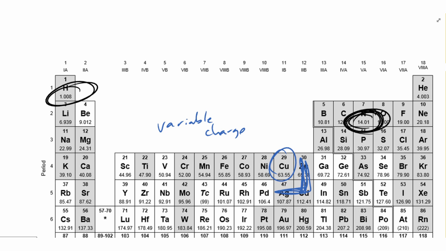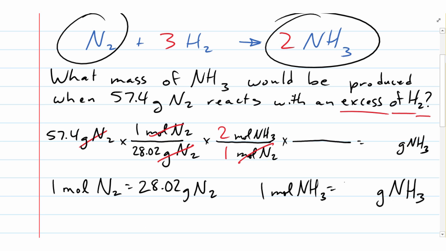So we add those up: 14.01 plus 3 times 1.008, and we get 17.03. So where does the 17.03 go? On the top, grams of NH3. Where does the 1 mole go?